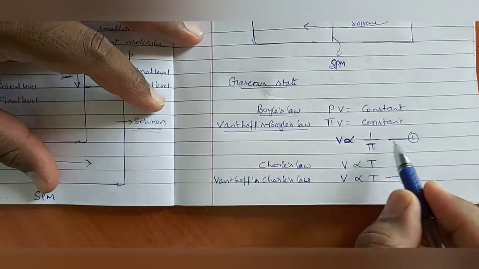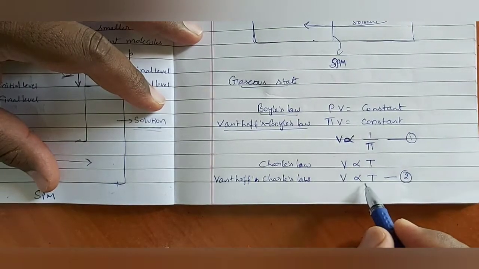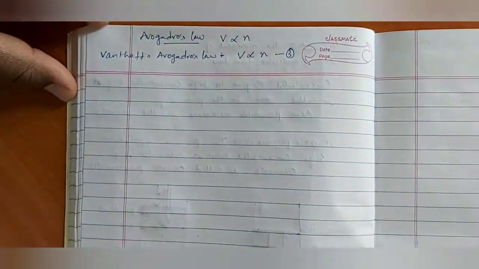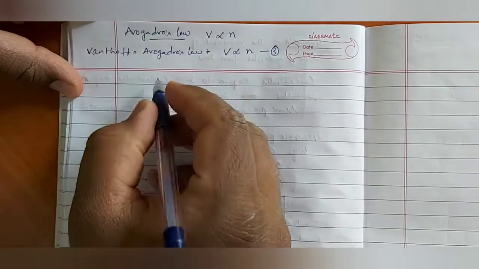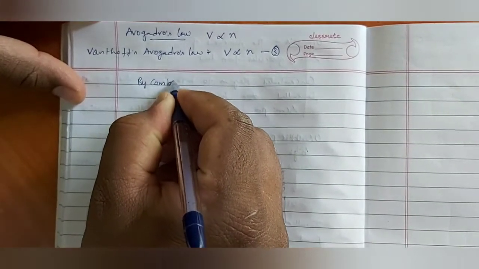Observe equation 1, V is directly proportional to 1 by pi. Equation 2, V is directly proportional to T. And equation 3, V is directly proportional to n.